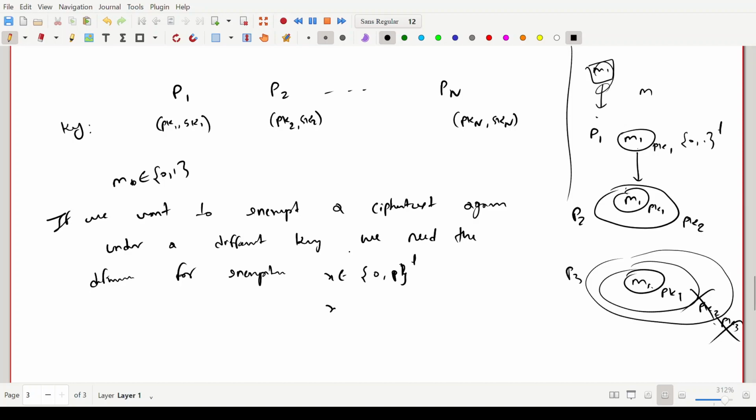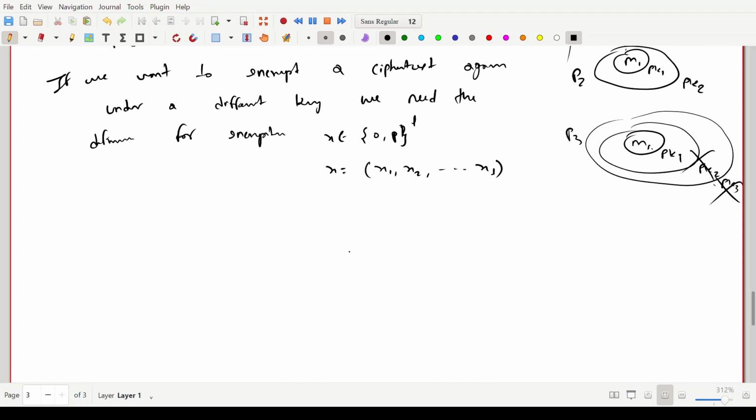So that means this x can be written as x1, x2 up to xL. Okay, so how do you define the encryption of this guy?